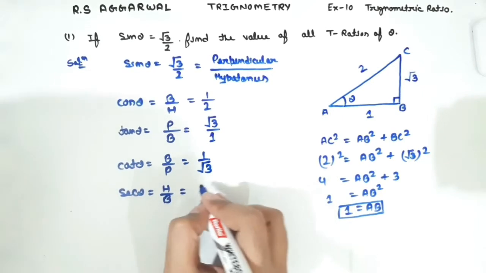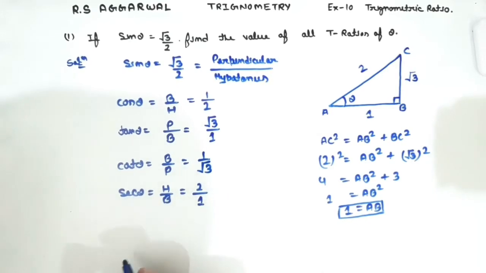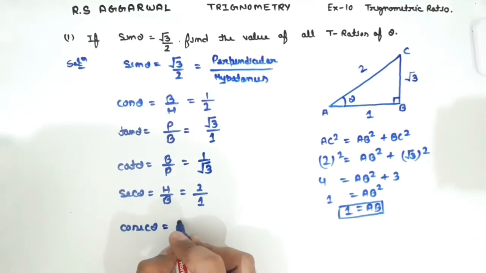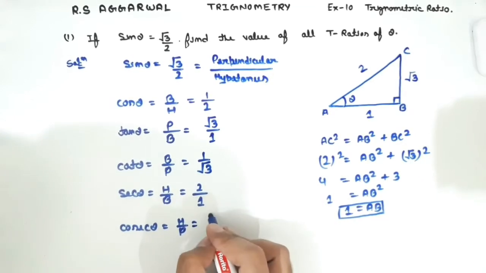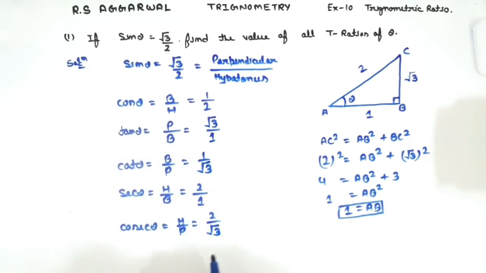So our hypotenuse is 2 and base is 1. Then cosec theta is given by hypotenuse upon perpendicular. So our hypotenuse is 2 and perpendicular is root 3. So these are all our trigonometric ratio of theta.